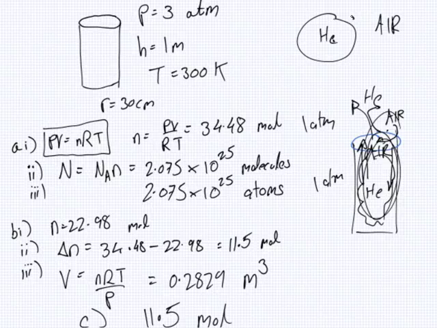So the helium and the air actually swap places at the boundary. It's very easy for helium to move through things. You would need a very, very good container to hold helium and to hold hydrogen. These gases really want to leak out.